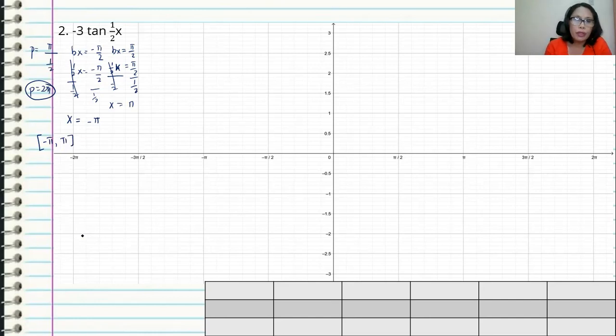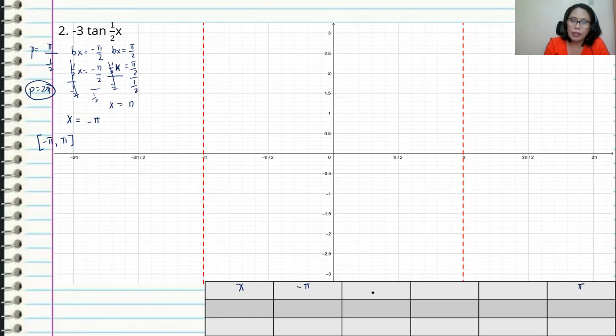Okay? So let us sketch the vertical asymptotes. Okay. So this is from negative pi to pi. And then the period is 2 pi. So for us to identify some values of x, like this is negative pi and this is pi.